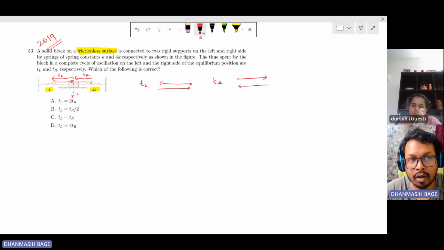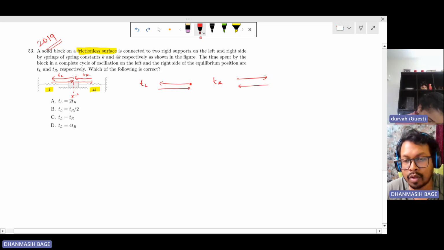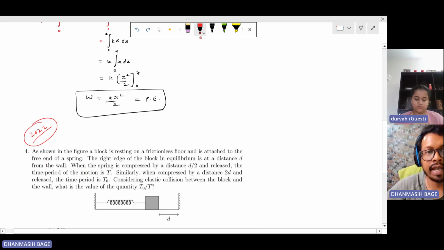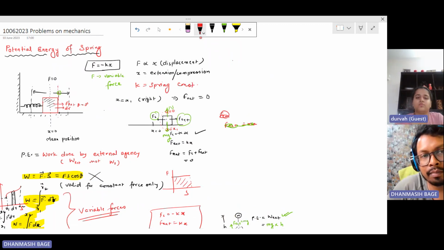On the left side, there is a spring with spring constant K only, and on the right side, there is a spring with spring constant 4K. I didn't tell you the meaning of the spring constant here. What does spring constant mean? F is equal to minus Kx.